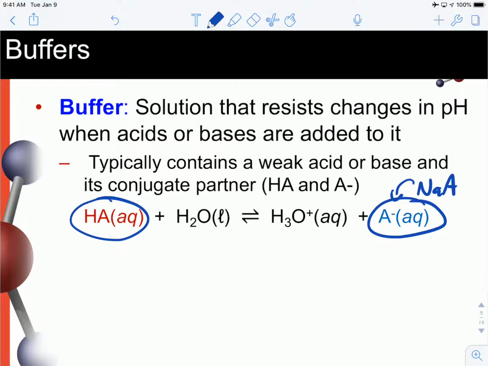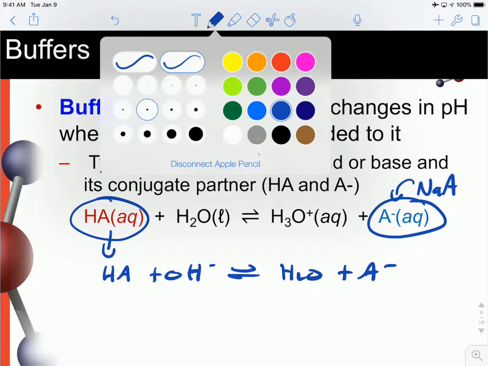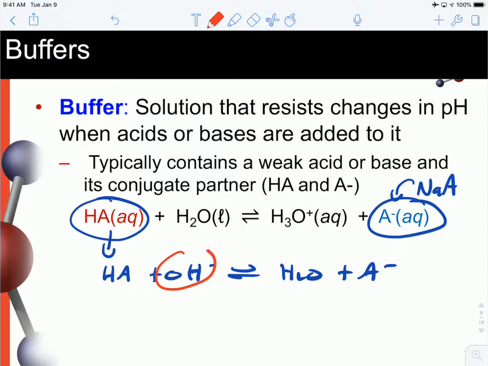You want two reactions. You want to be able to neutralize base, and you want to be able to neutralize acid. So this component right here can react with base to give you H2O plus A negative. So effectively, we have come up with a way to neutralize any added base. The reason we have the A negative in there, we're going to add it by adding sodium A, if you will.